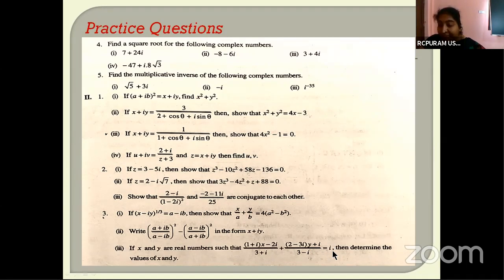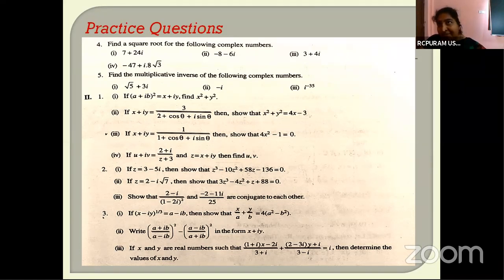When you are given i, it means that it is 0 plus i. Your real part is 0. So you simplify this, and when you are equating, please remember you should take it as 0 plus i. Otherwise, the real part, again, you may have a confusion what to equate with, isn't it? So you can write i as 0 plus i.